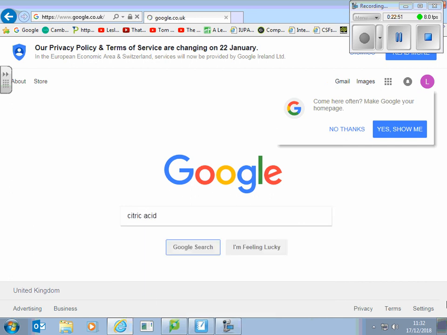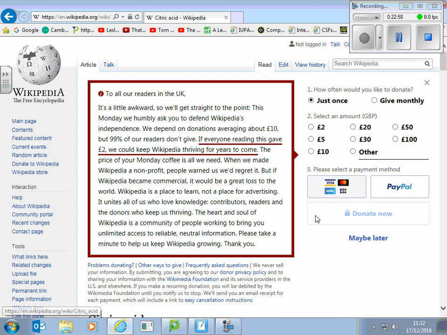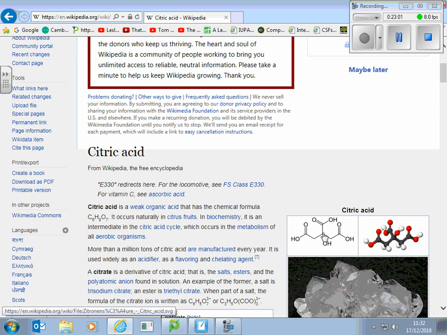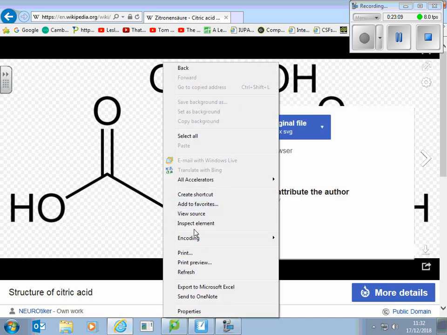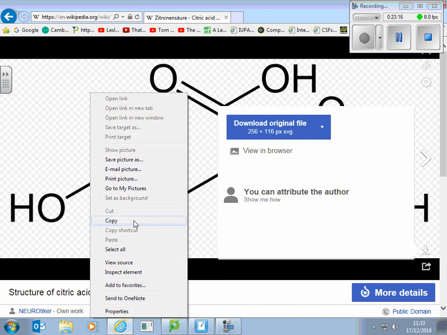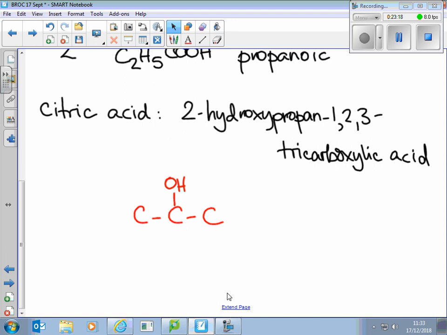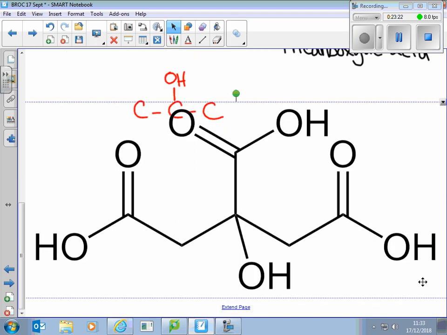Citric acid. Oh, look, there it is. Okay. It's going to get a bit big, isn't it?